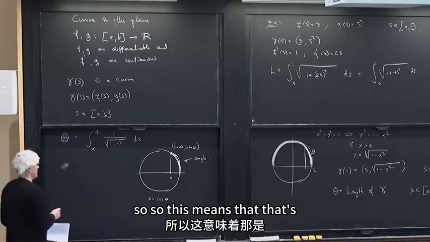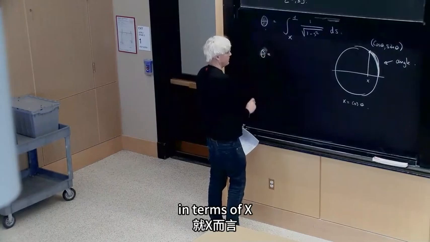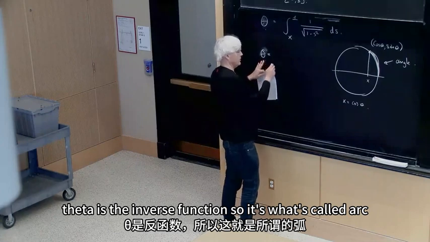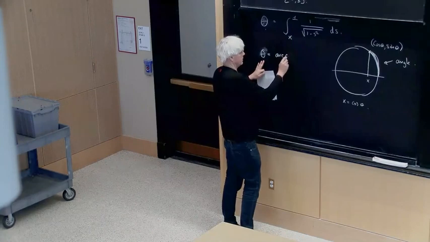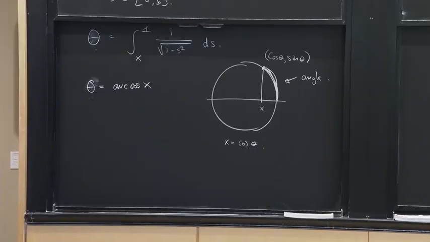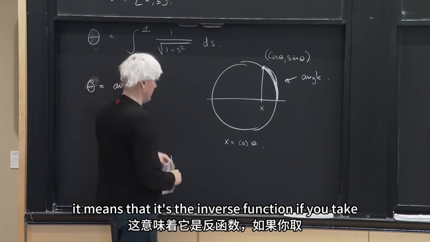So this means that theta, in terms of x, is the inverse function, what's called arc cosine of x. Arc cosine means that it's the inverse function.